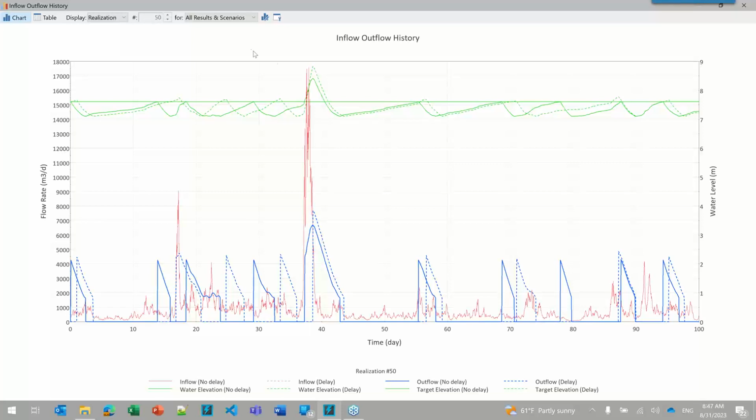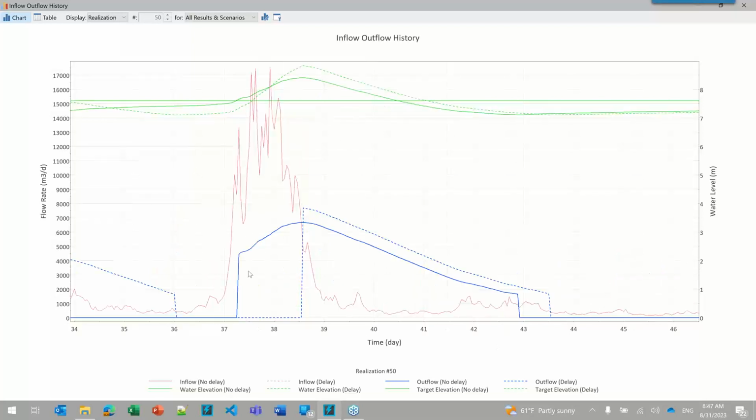And if I zoom in, then you can see here we had this high inflow coming in. It's the same for all the scenarios. And we also had a different starting point where I'm pointing at on day 37 because of the differences in our history up to that point. But we can set that aside for a second.